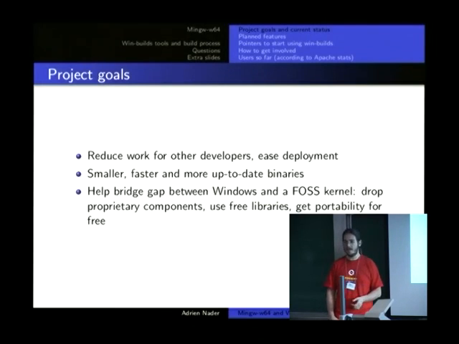If people spend less time building, they can spend more time coding. That could give nice results. And also, the last goal is that if you can bring more up-to-date and faster libraries to Windows, then we can probably get companies which do proprietary software to use them instead of other proprietary components, and then they can be supported on Linux, either because they are going to switch to Linux, or on Wine more easily.